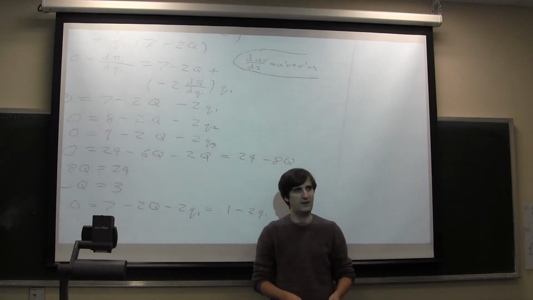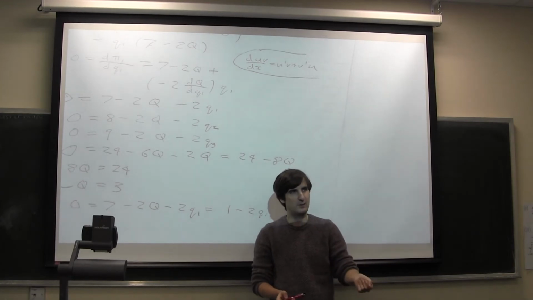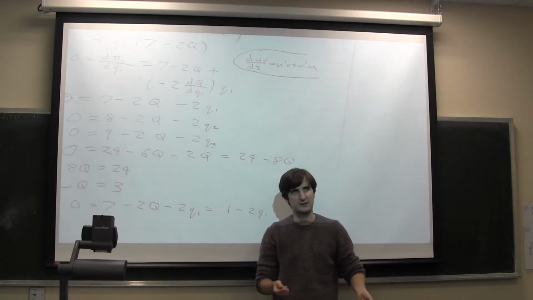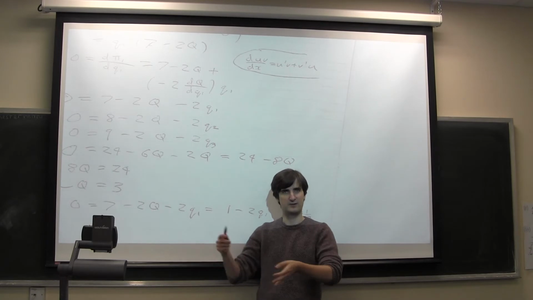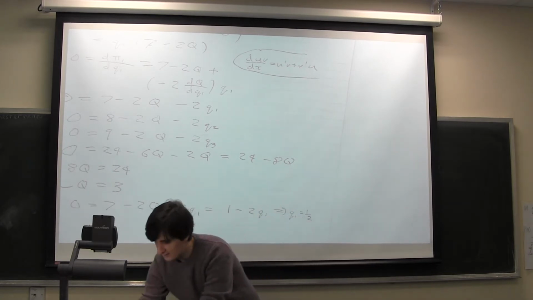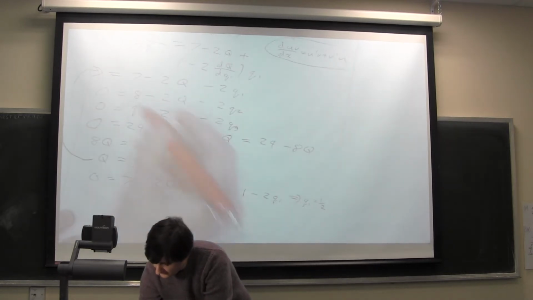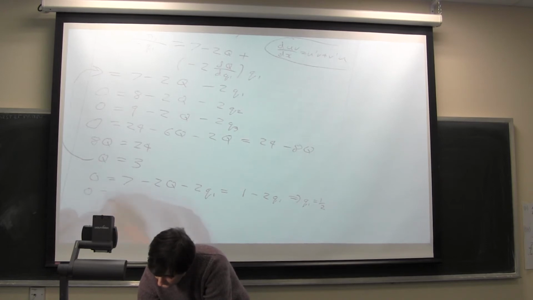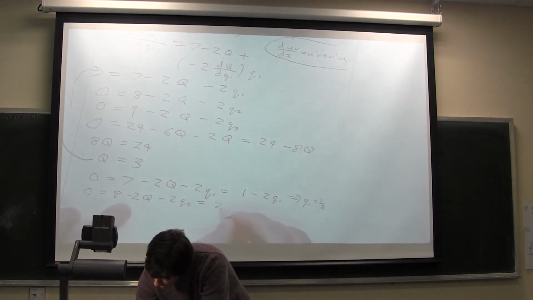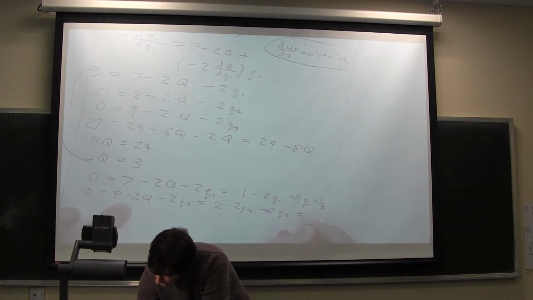So the firm with the highest marginal cost isn't producing very much at all. That makes sense. You expect the firm with the lowest marginal cost to be doing most of the production. For the next firm, we do the same thing again: 0 is 8 minus 2Q minus 2q2. So this is 6, so 2 minus 2q2, so q2 is 1.